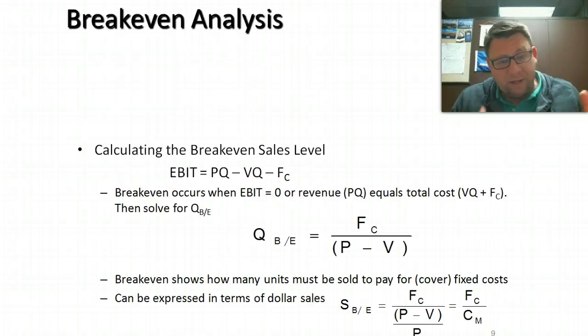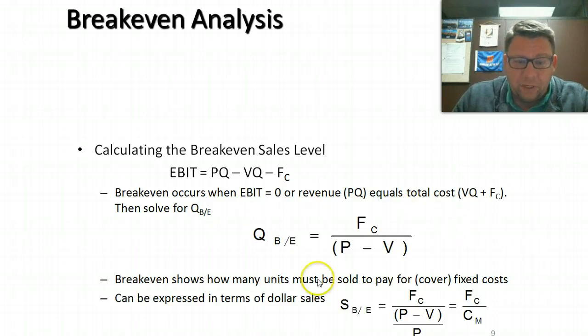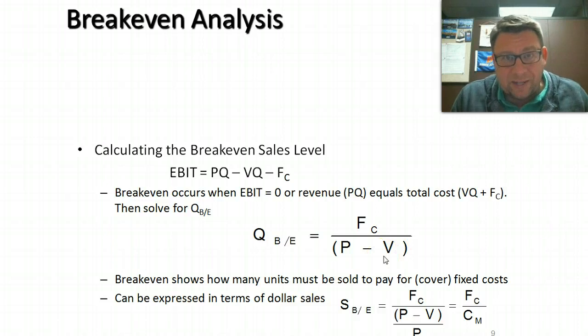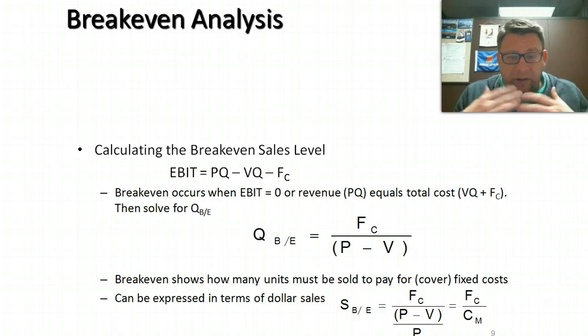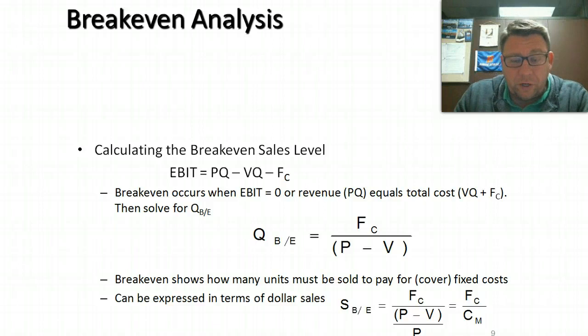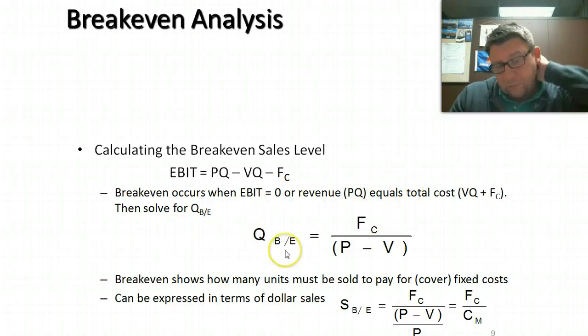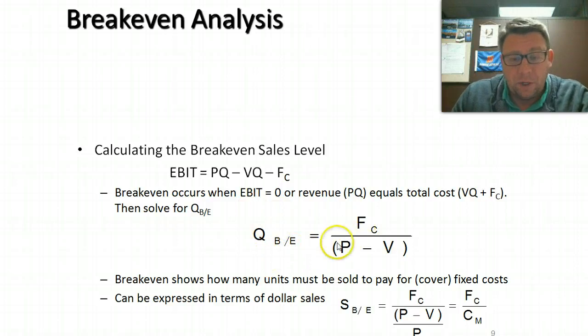Break even can be expanded on. This formula doesn't need to be as complicated as it looks. Break even in units is our fixed costs divided by our contribution margin per unit.